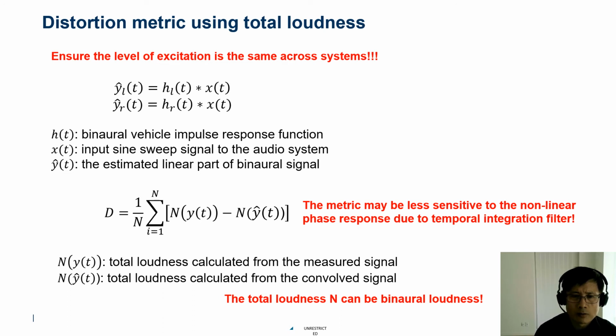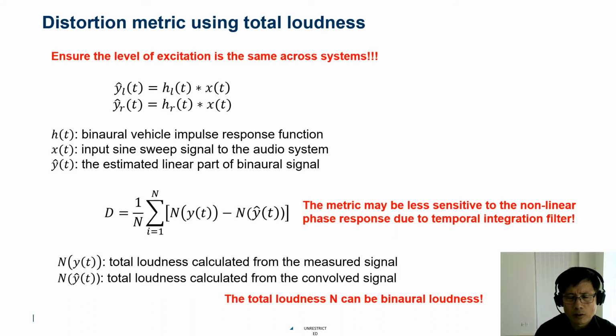Typically it is measured between the stereo input to the multi-channel audio system inside the car and the two ears of the head and torso simulator. The calculated linear response is used to calculate the total loudness of that.